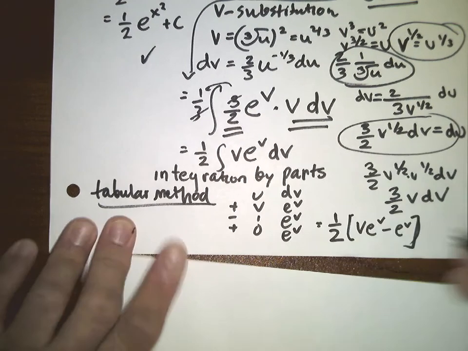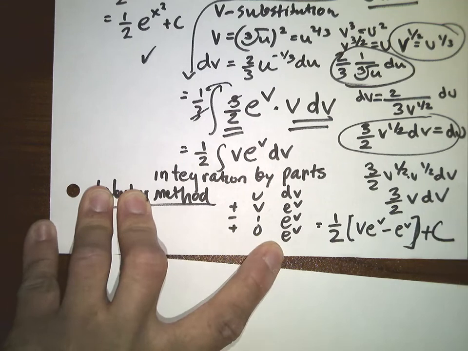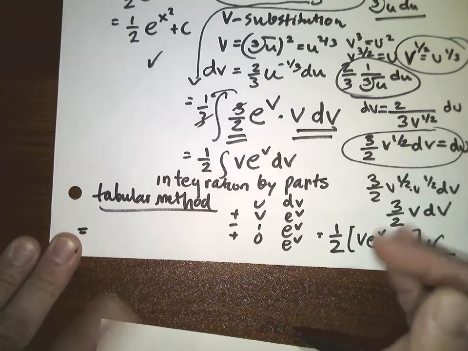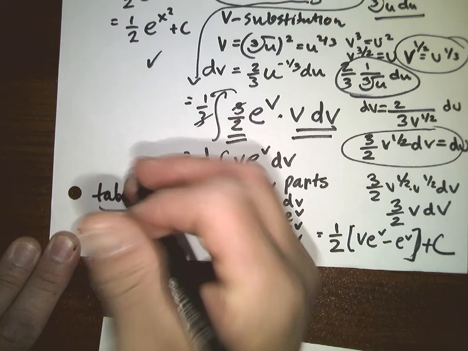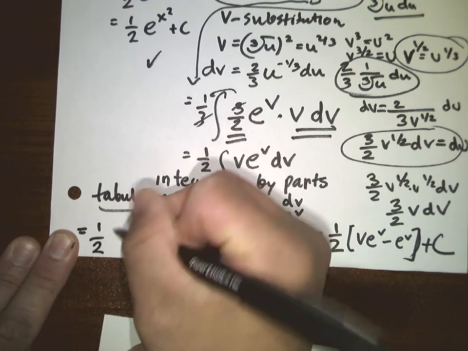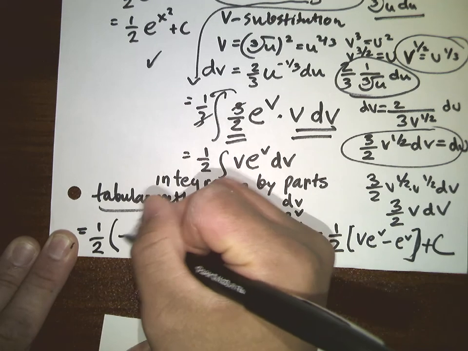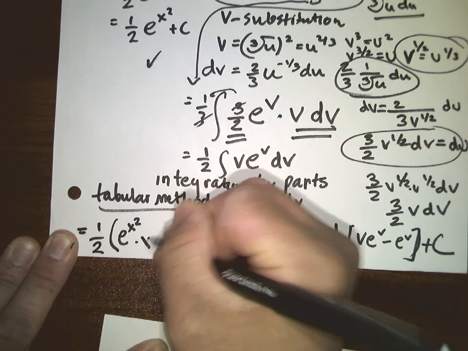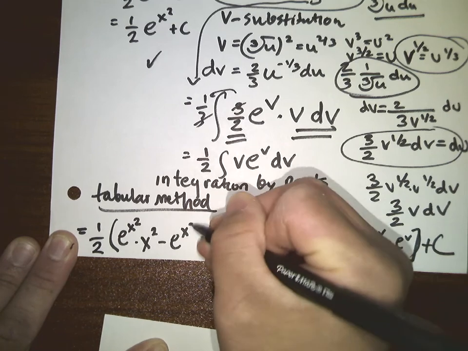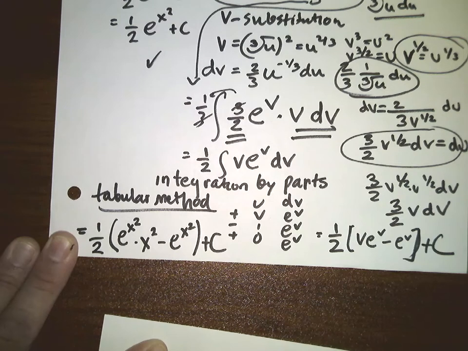So this is, plus c. If I forgot plus c after all of this, that would have been really bad, right? So then this would be 1/2 times e to the x squared times x squared minus e to the x squared plus c.